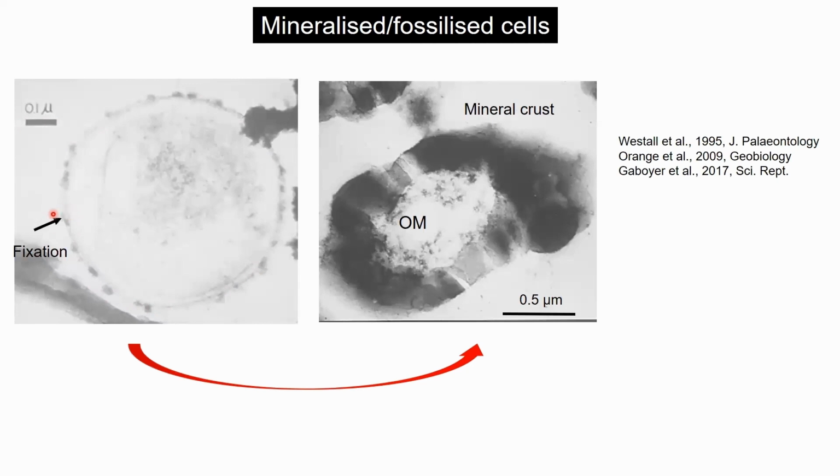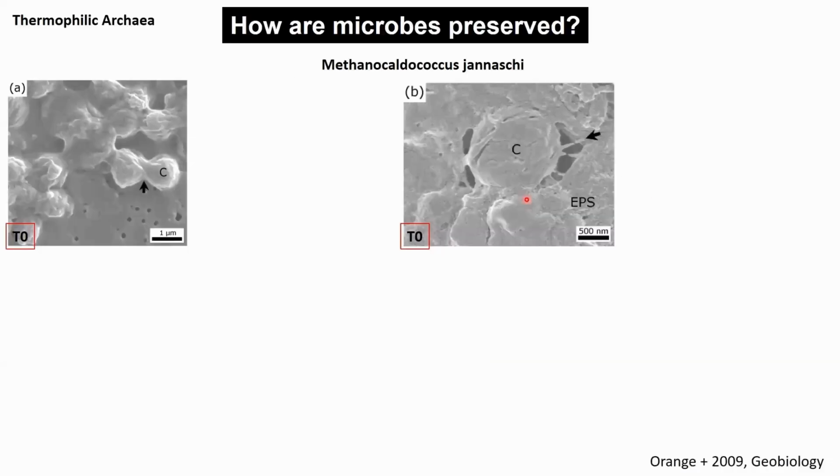This carries on in a chemical way by polymerization to produce a crust around the organism. And of course, the organism dies and the organic matter degrades. We've had a look at this with various experiments, myself and former PhD students, François Orange and Frédéric Gaboyer. But not all organisms preserve in the same way.